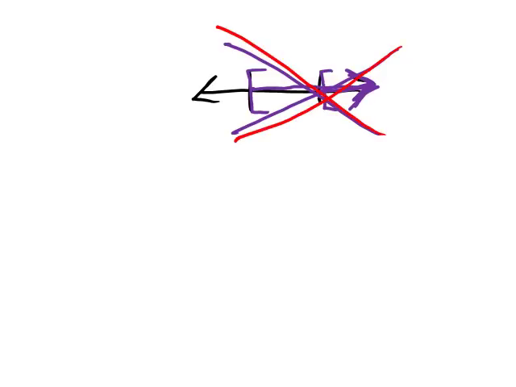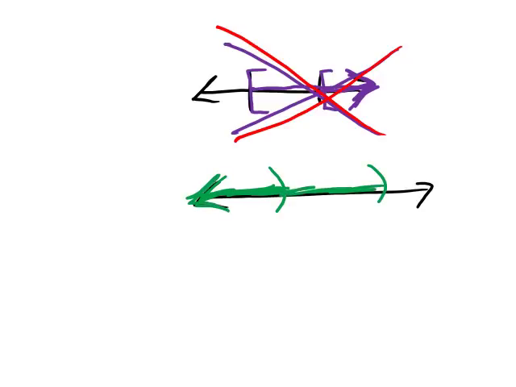So that's a hint that you need to check your algebra work, make sure you flip your signs, things like that. Same thing going the other direction. If you ended up with something that went this direction, and another one that went that direction, that should not happen. So we want you to sketch those intervals on a number line as a way to check your work and as a way to help you write those intervals.